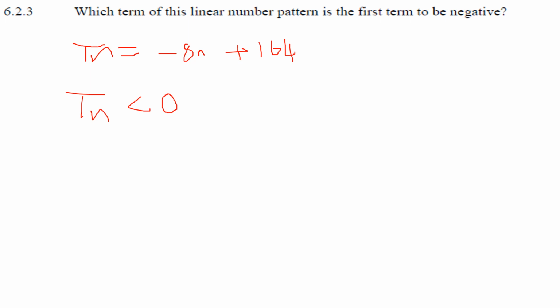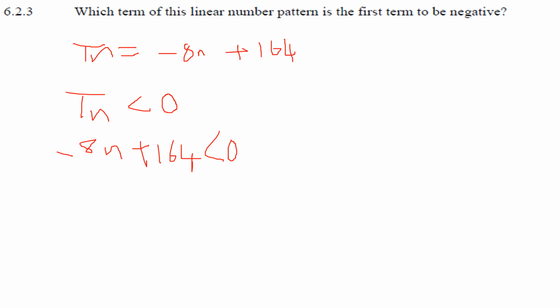Let's just go and answer this one. In place of Tn, we will substitute negative 8n plus 164, because Tn is equal to negative 8n plus 164. So we're going to say negative 8n plus 164 is less than 0.